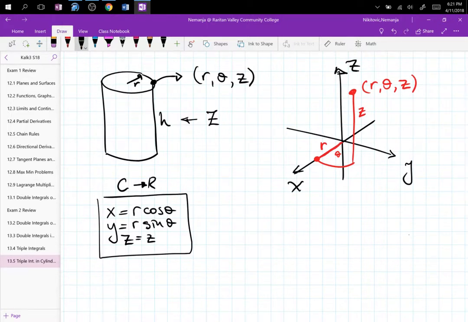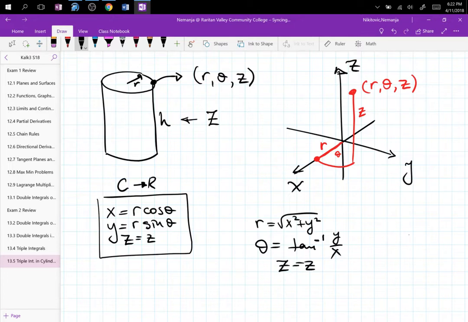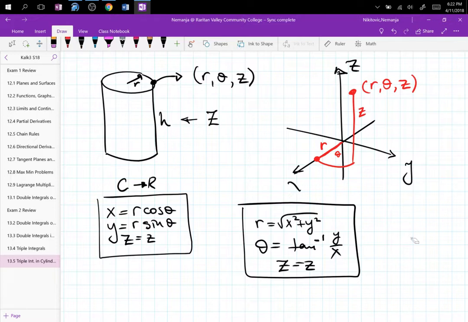On the other side, you have your good old r equals square root of x squared plus y squared, theta equals inverse tangent of y over x, and finally z equals z as well. This set of equations converts rectangular into cylindrical coordinates.